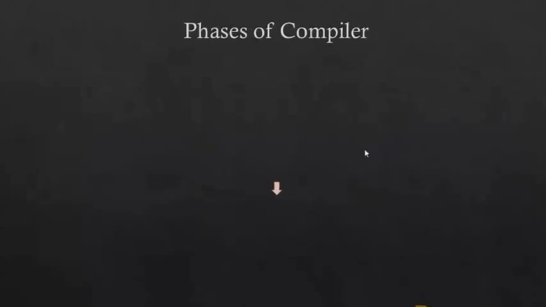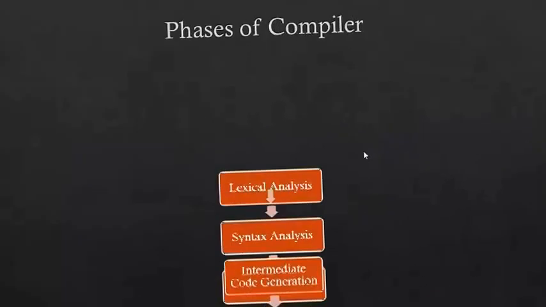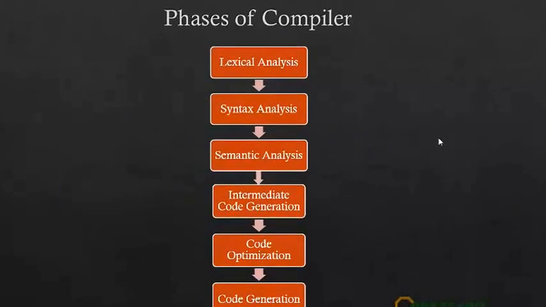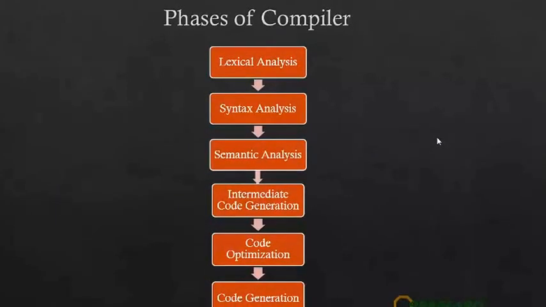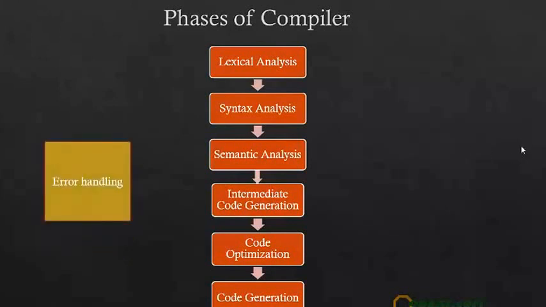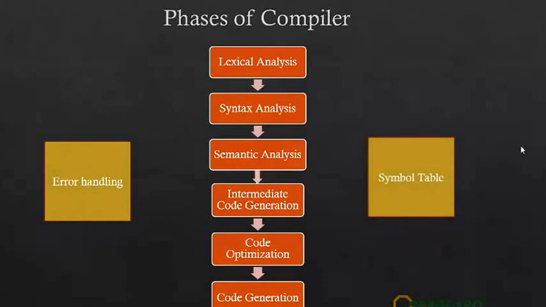After that, coming to the phases of a compiler. Basically we have 6 phases of a compiler as shown here. First is lexical analysis, second is syntax analysis, third is semantic analysis, fourth is intermediate code generation, fifth is code optimization, and last is code generation. In the phases of a compiler we also have error handling and a symbol table.